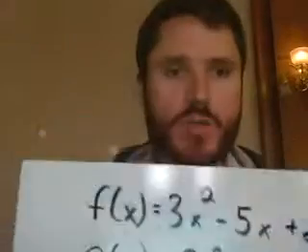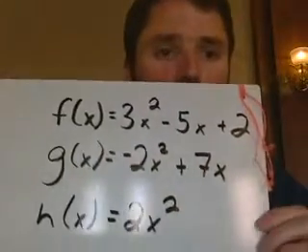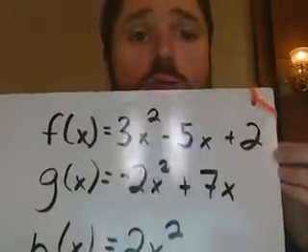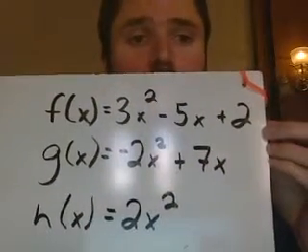And then one more function, h of x, which is equal to 2x squared. Okay? So if you don't have these three functions written down, I would write them down right now. You may want to pause right here just to make sure you have these three functions written down. Okay. So let's move on.